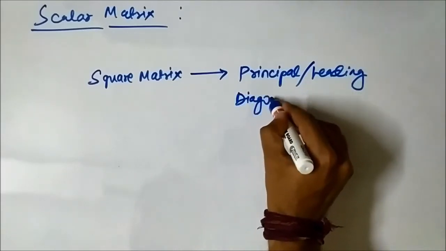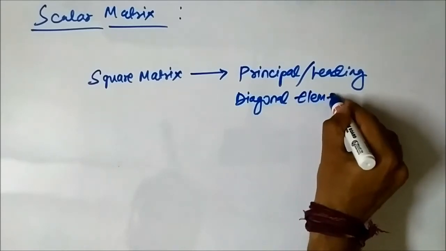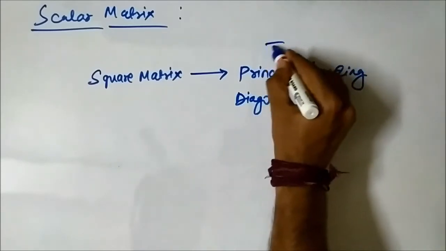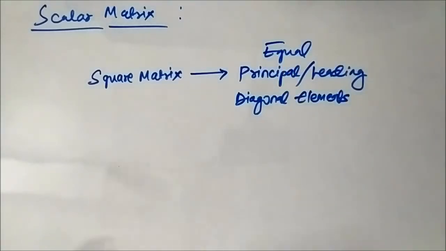All the elements present in the leading diagonal or principal diagonal must be equal.